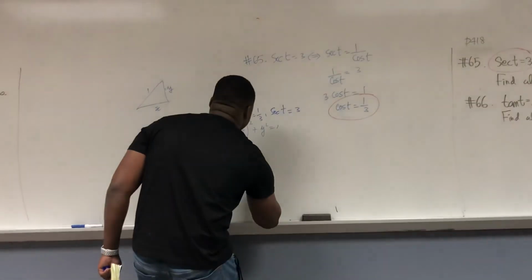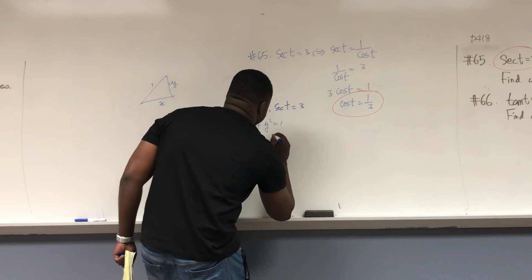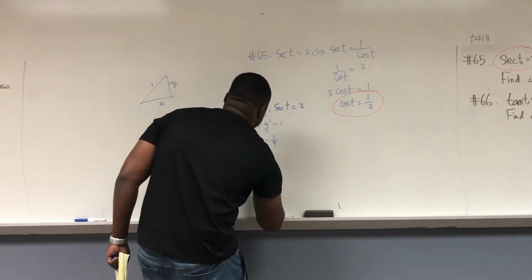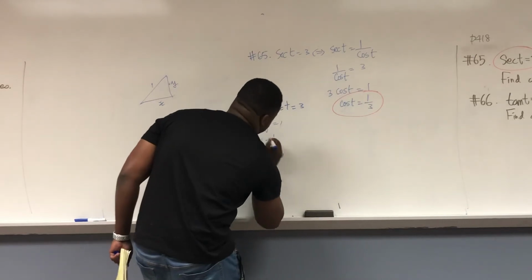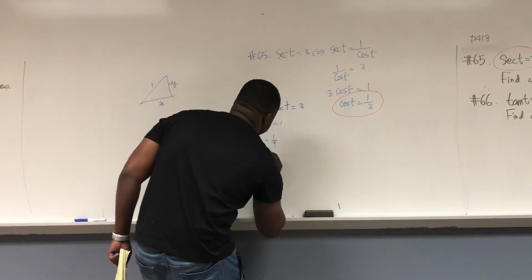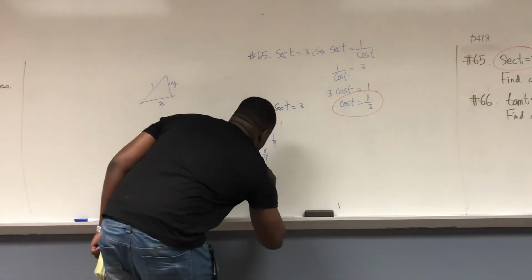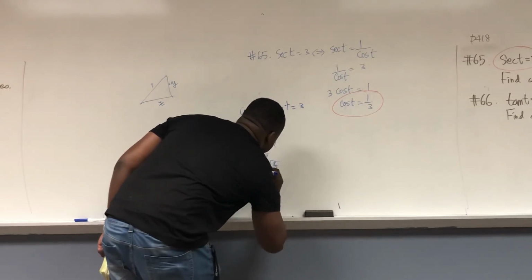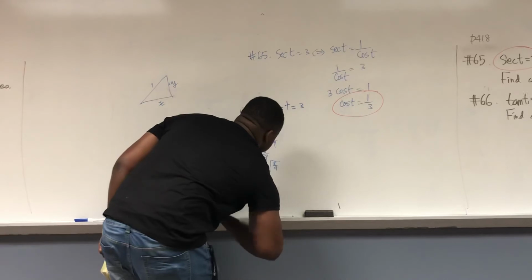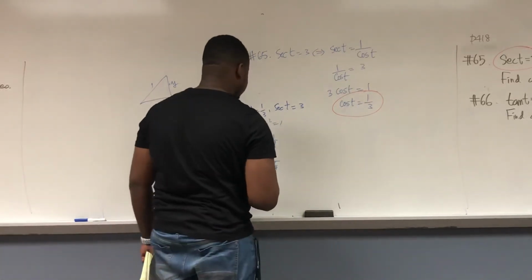Wait. Isolate y squared. So simplify. Square root of 8 over 9 is what?